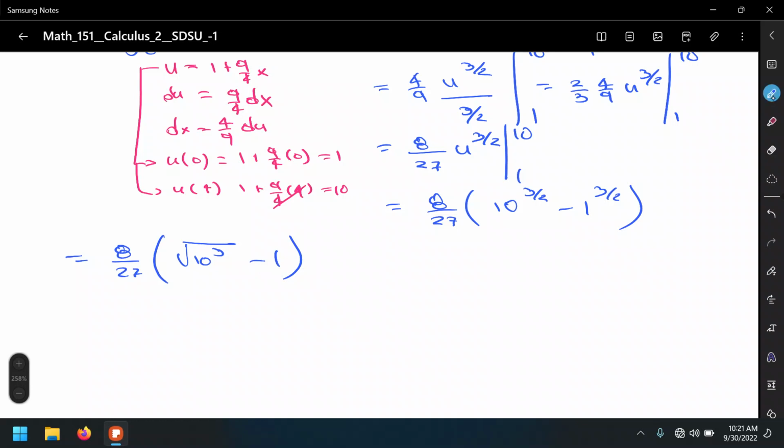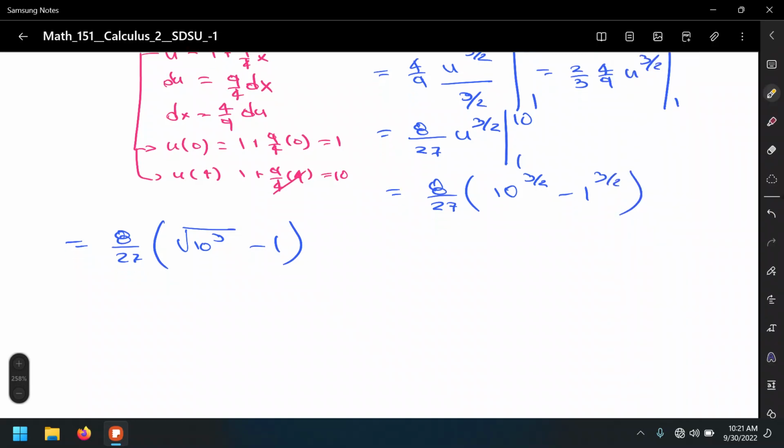Instead, use properties of radicals. Whenever we have a to the m over n, that's the nth root of a to the m, or the nth root of a, the whole thing to the mth power. So we may use one or the other.